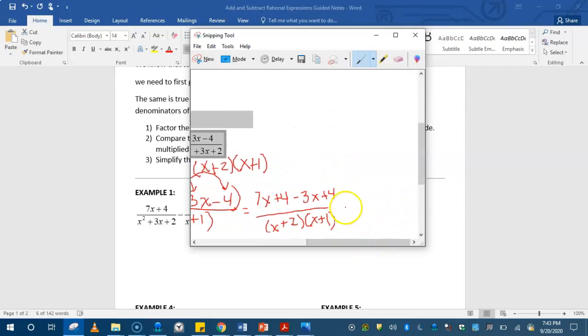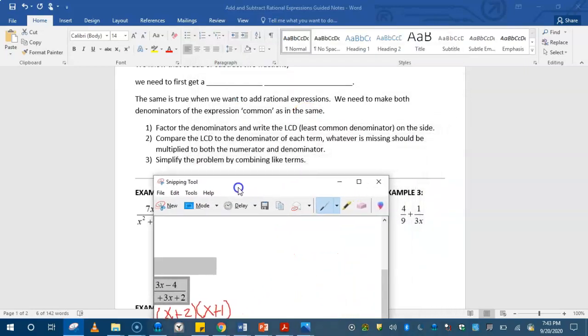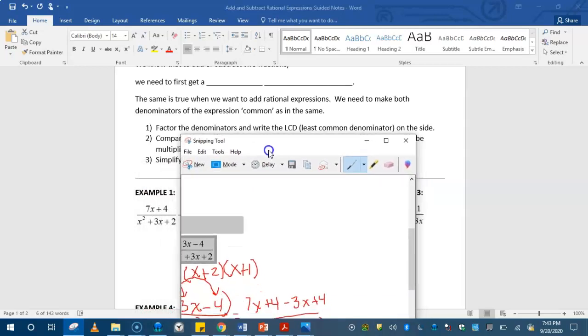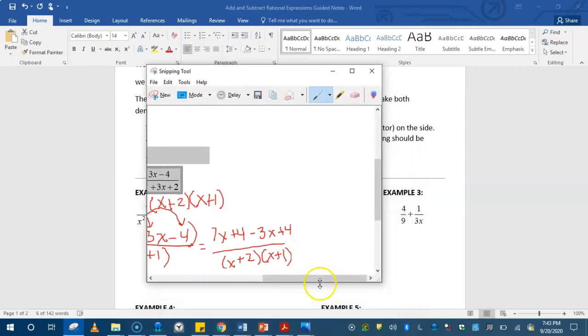And our last step was to simplify the problems by combining like terms. So let's go ahead and combine like terms. If I look at it, my two like terms are the 7x and the negative 3x.